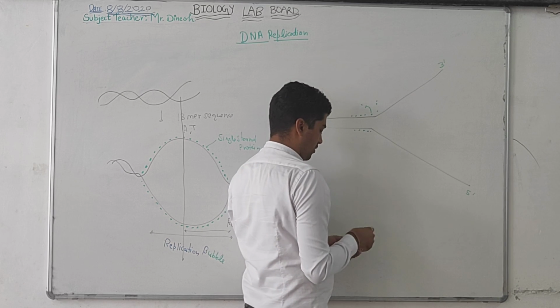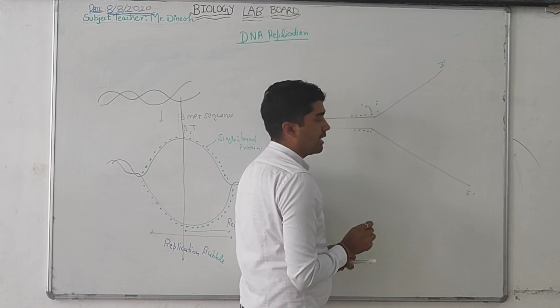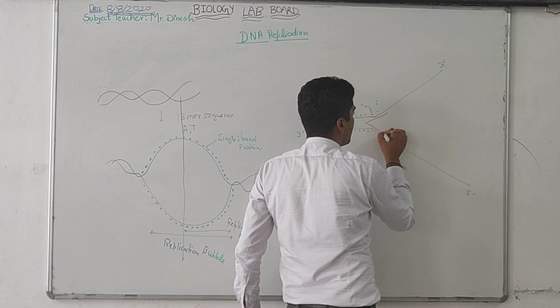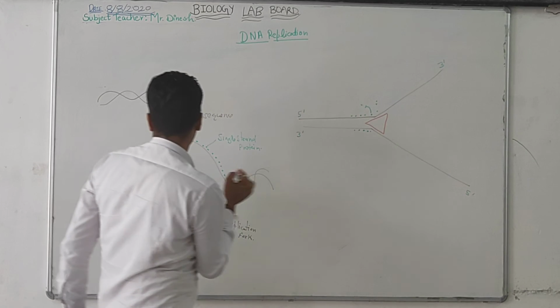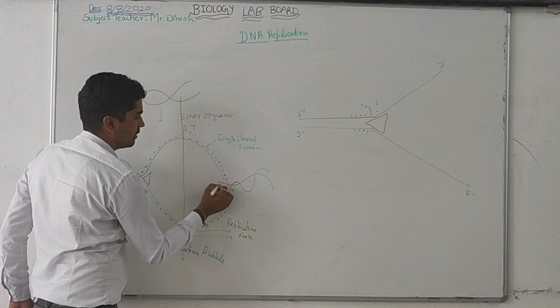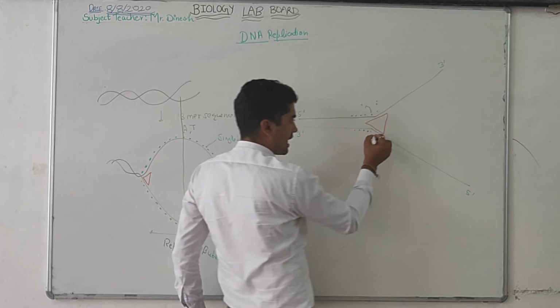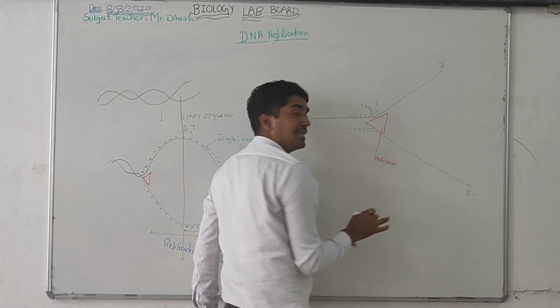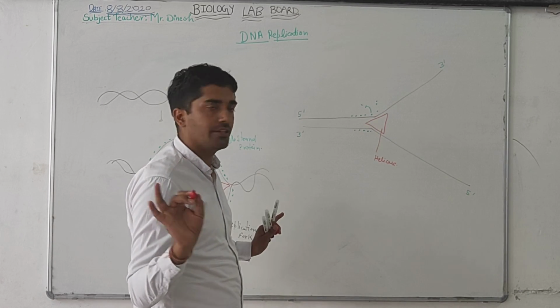And why will this strand open? Because there is an enzyme, helicase. Helicase enzyme will open both sides of this strand, like this way. So this is helicase. Helicase will open the strand.